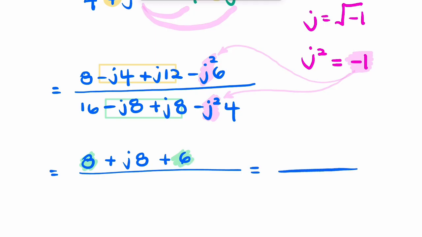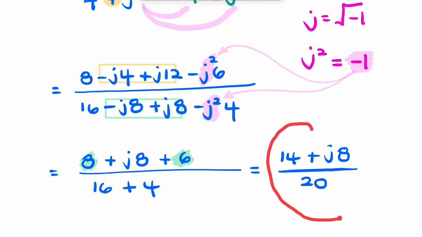So let's just finish the numerator. You've got 14 plus j8. And for the denominator, negative j8 and positive j8, that gives you 0. This negative and negative becomes positive, so you have 16 plus 4. So that gives you 20.